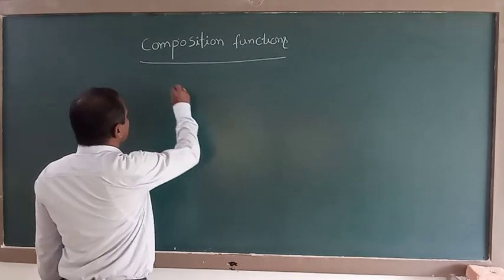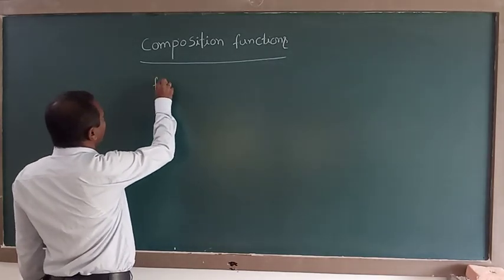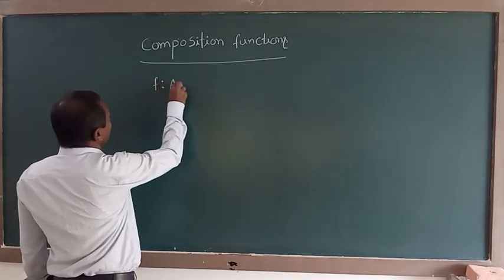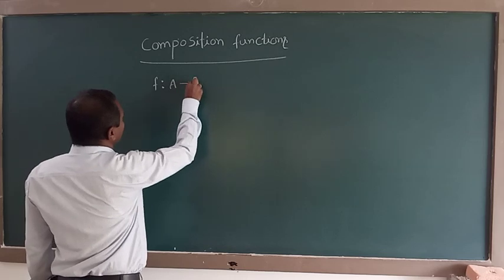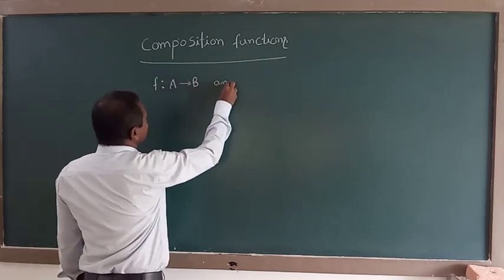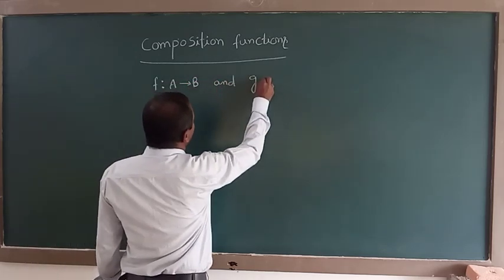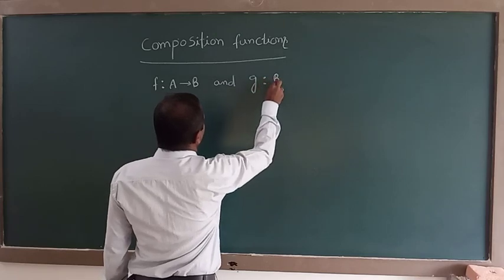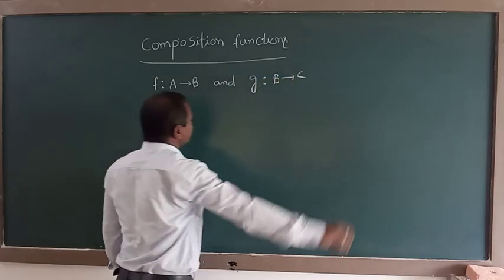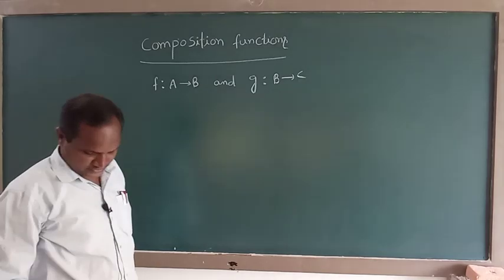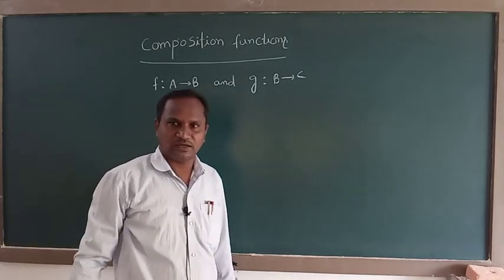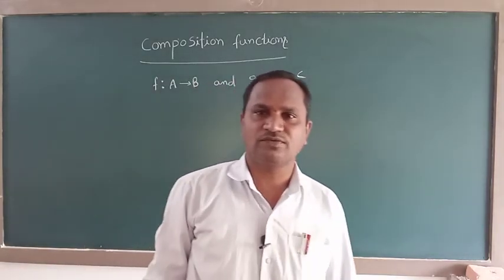It is f maps from A to B, one function, and g maps from B to C. With the help of these two functions, I am going to give a definition of composition functions.